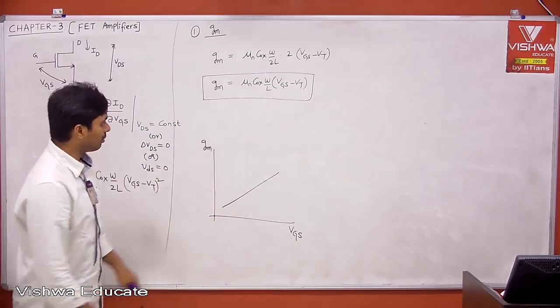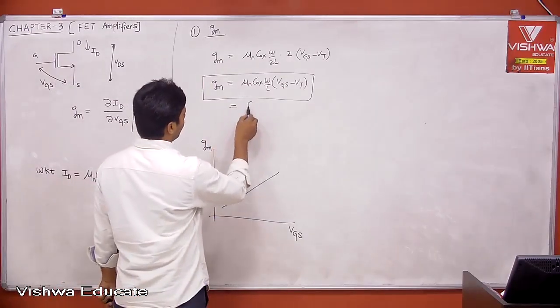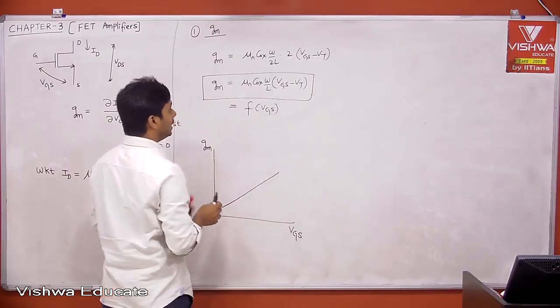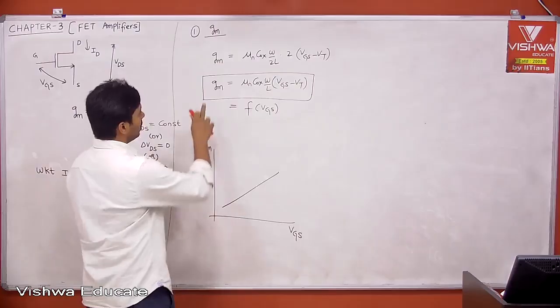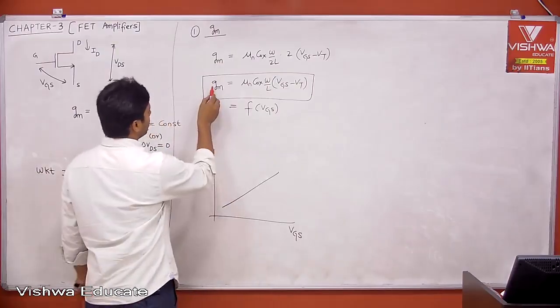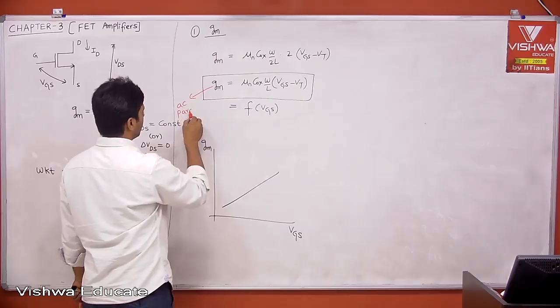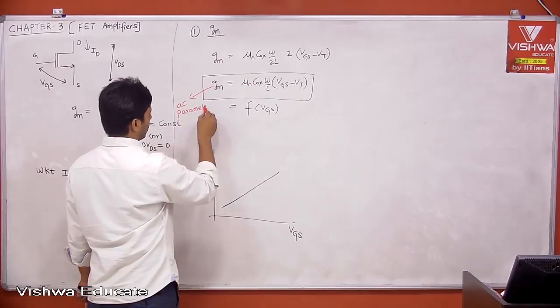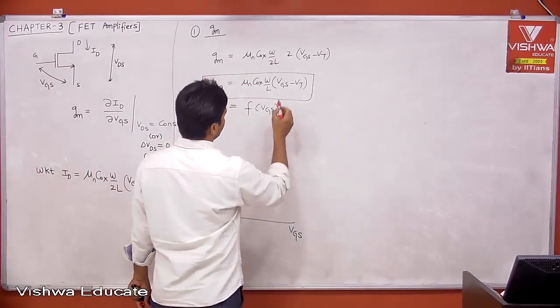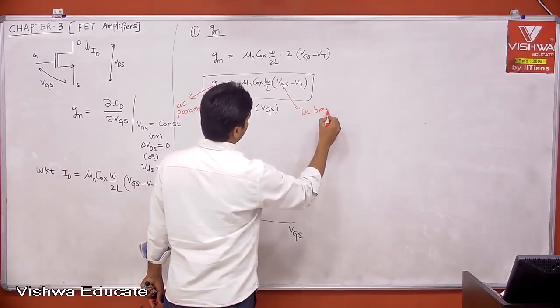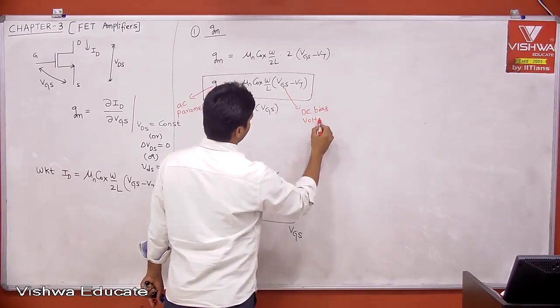Therefore, GM is a function of VGS. Capital VGS is a DC parameter, but GM is an AC parameter. Therefore, your GM is a small-signal AC parameter and VGS is a DC parameter or DC bias voltage.